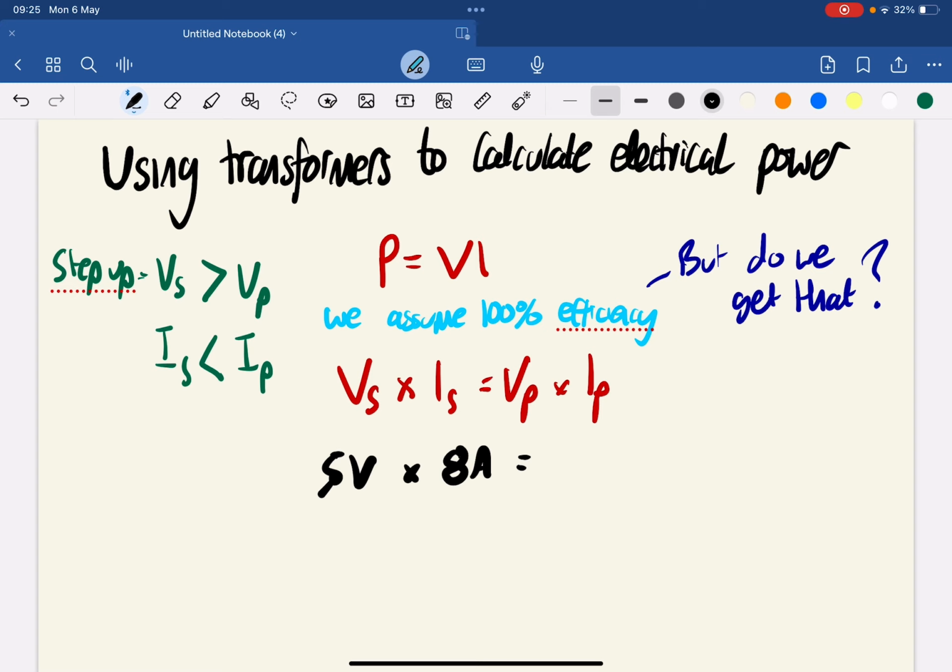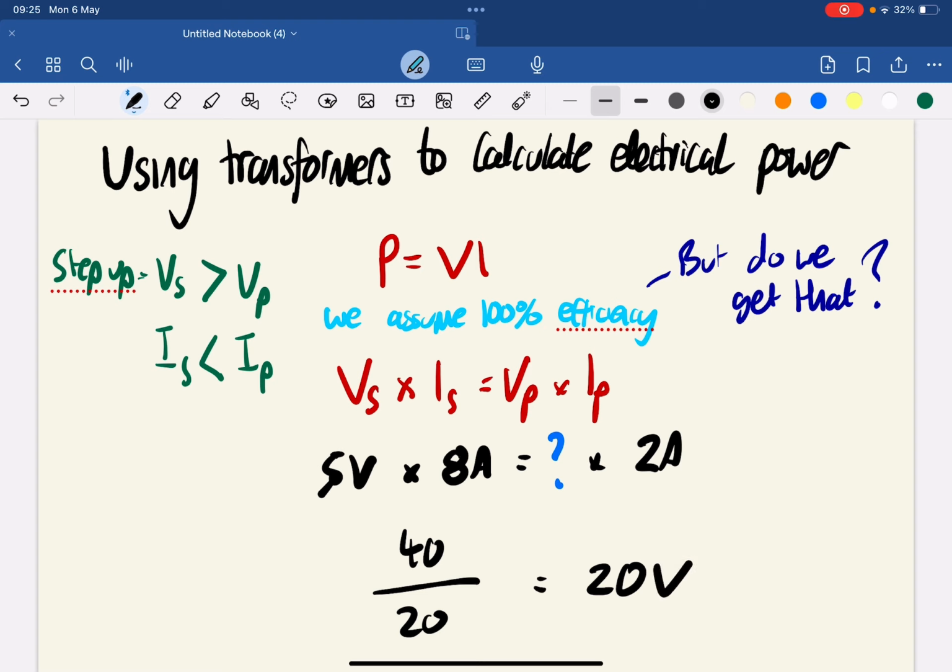Now we want to work out the primary potential difference. We don't know that, but we do know the current there is going to be 2 amps. Now 5 times 8 is 40. Then we have to do 40 divided by 2, which equals 20 volts.